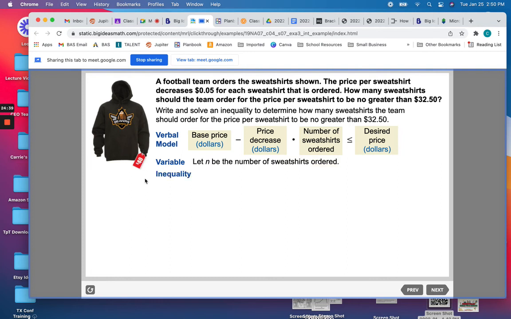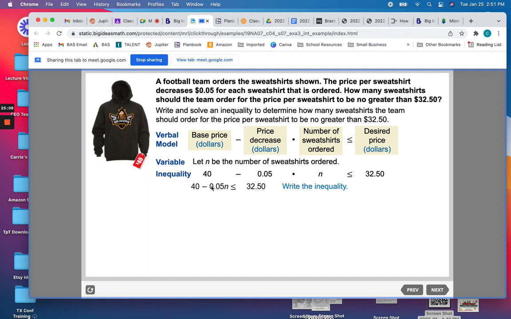How much does it decrease per sweatshirt? 5 cents. The number of sweatshirts, we're just going to put an n for the number that we've ordered. And it needs to be less than or equal to how much? 32.50. So now I've created an inequality that I can use to solve.